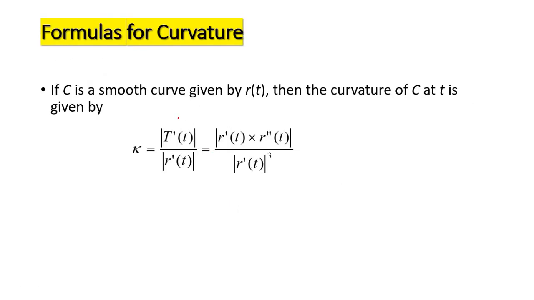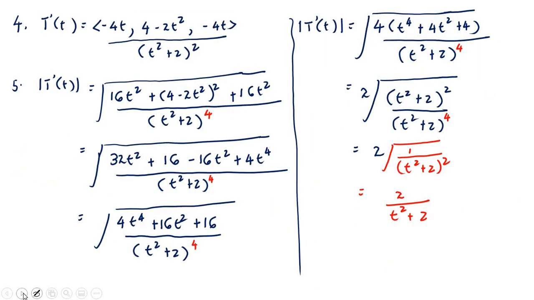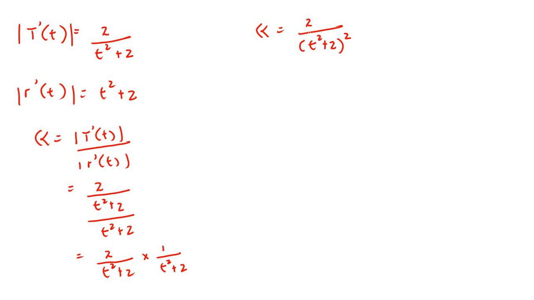The second is the magnitude of T prime t divided by the magnitude of R prime t. The third is the magnitude of the cross product of R prime t cross R double prime t divided by the magnitude of R prime t cubed. Using the second formula, we get the curvature is 2 over (t squared plus 2) squared. Now we check back using the third formula.